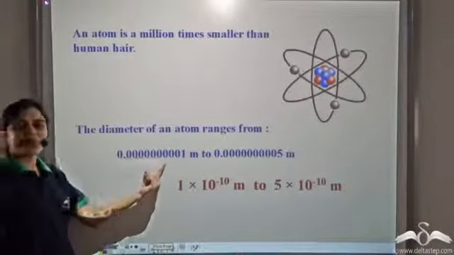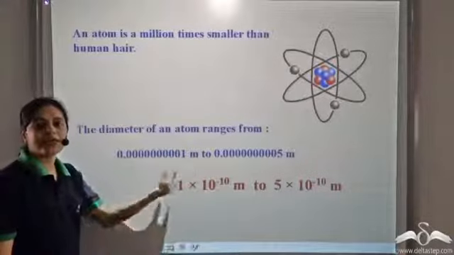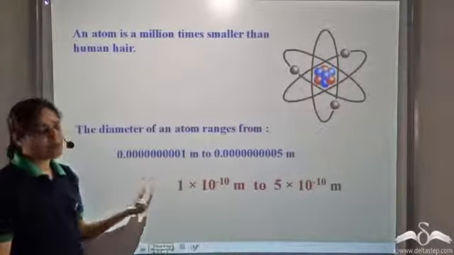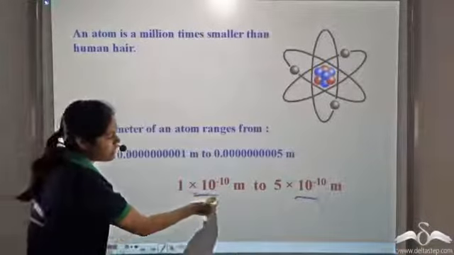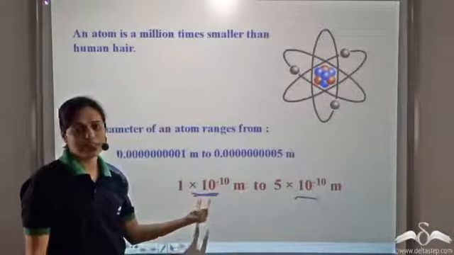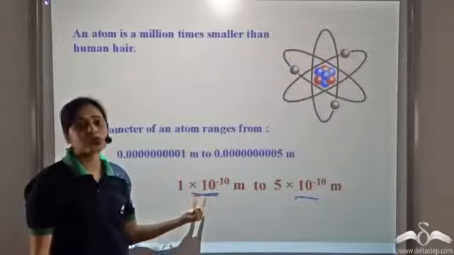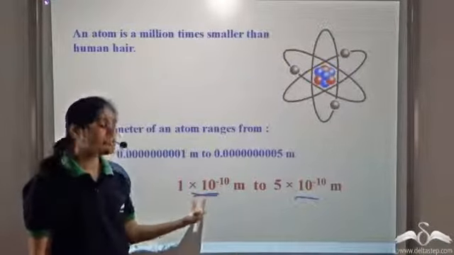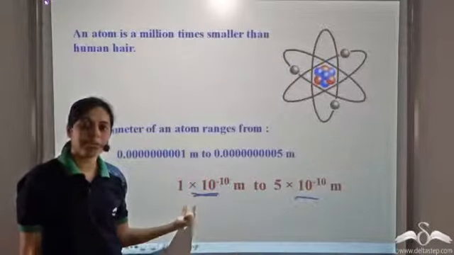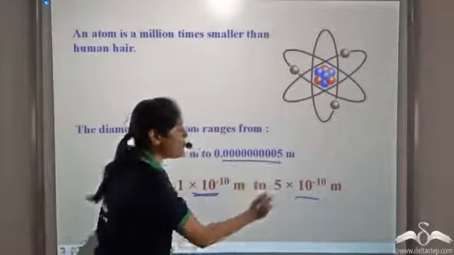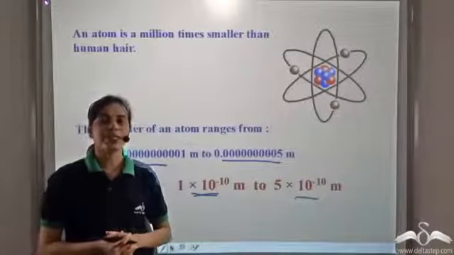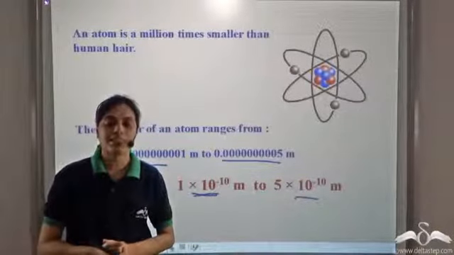So we can represent these complicated numbers in a simpler manner using negative exponents. So this is not only easier to read and write, but also easier to remember, and the scope of making mistakes is also lesser. So these small numbers can be represented in a simpler manner using negative exponents.